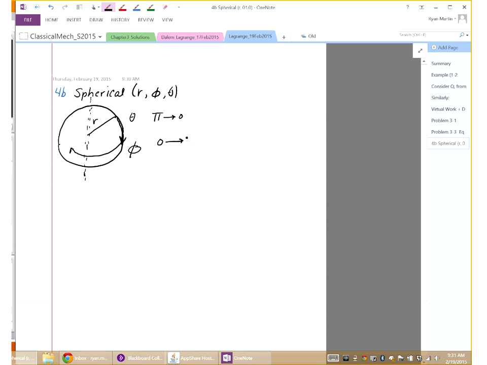And phi goes from 0 to 2 pi, because phi goes all the way around the sphere, and it doesn't make any sense to go all the way around the sphere in theta, because I just end up with a negative. So that's why it's 0 to pi.